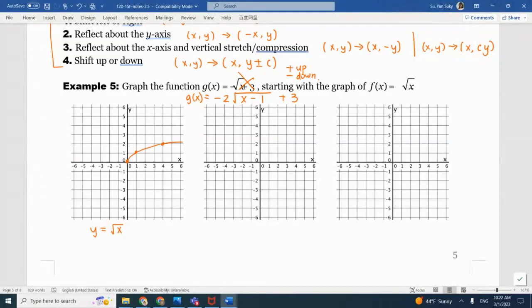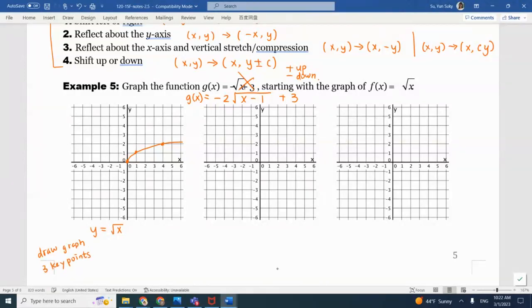So this is the parent function. This is the graph of it. And we have 3 key points. That is the first step. Okay, everybody? So first step, we draw the graph. And in this case, we have 3 key points.